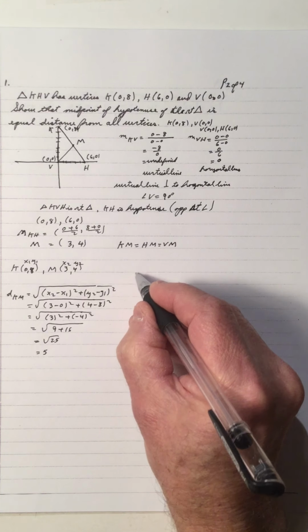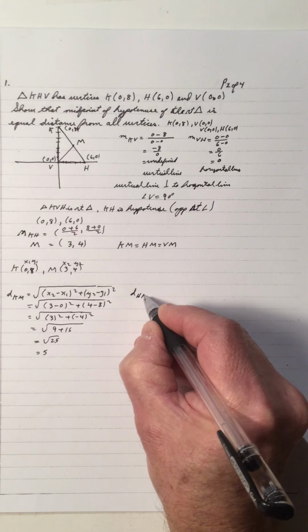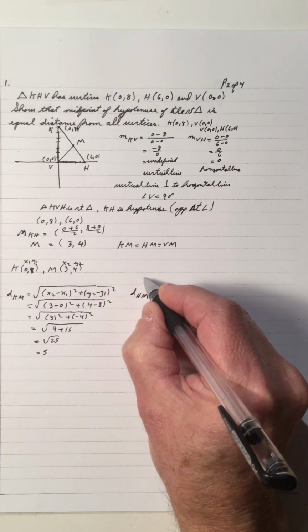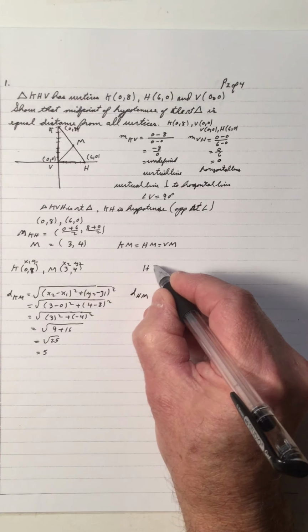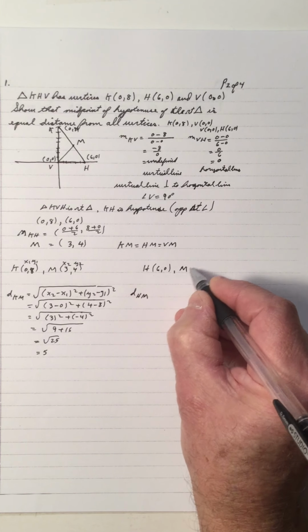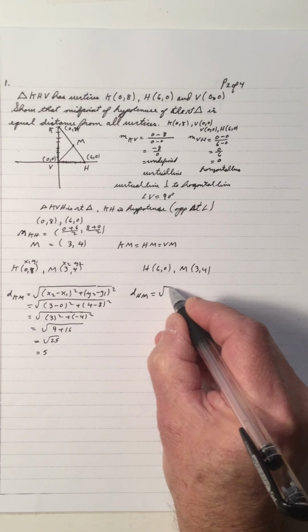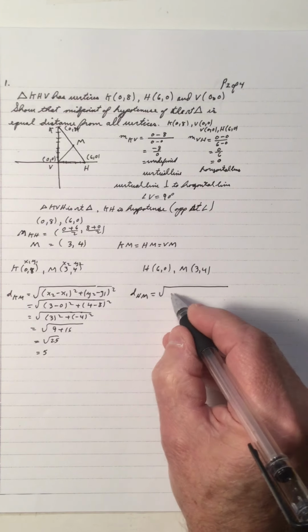So now let's do the length of HM. H is (6,0), and M is (3,4).